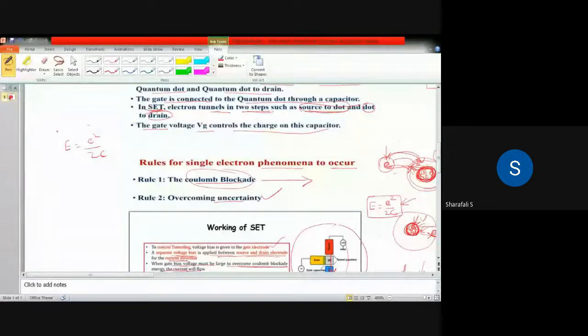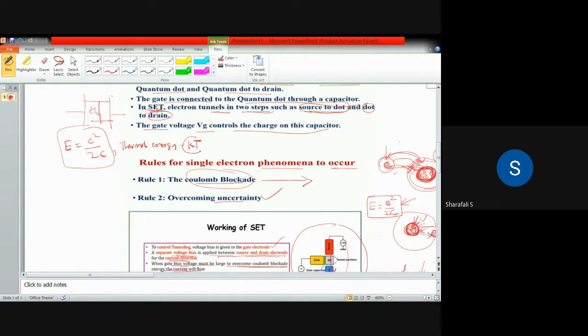Like blockade, because we have E equal to e square by 2C. That is the energy required to cross the Coulomb blockade, as we discussed. So this much energy you need. When you consider this energy, we have another energy which is the thermal energy, that is nothing but kT.